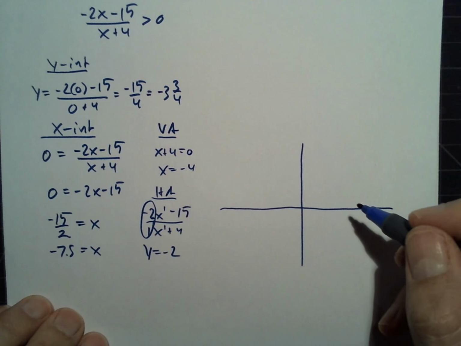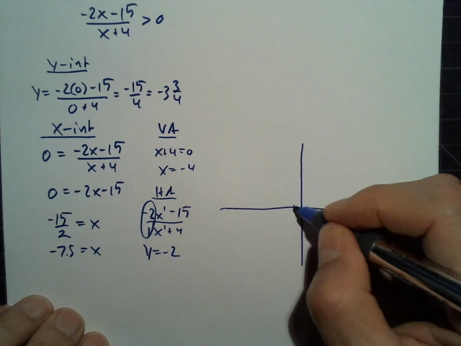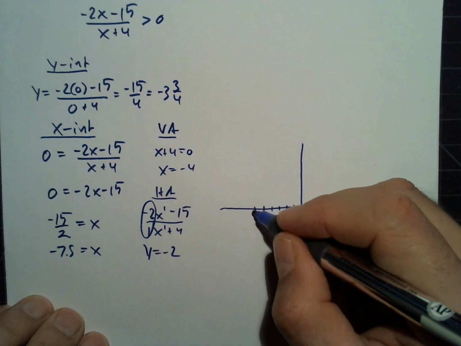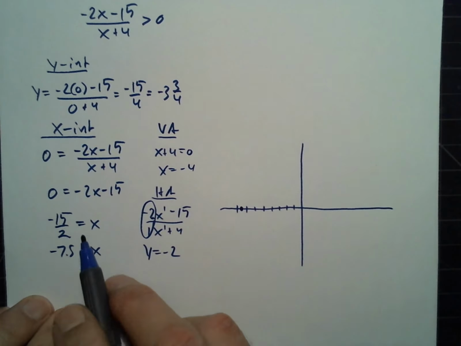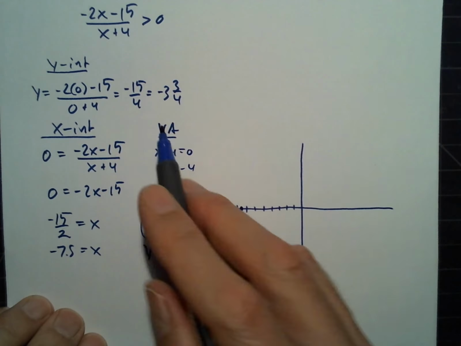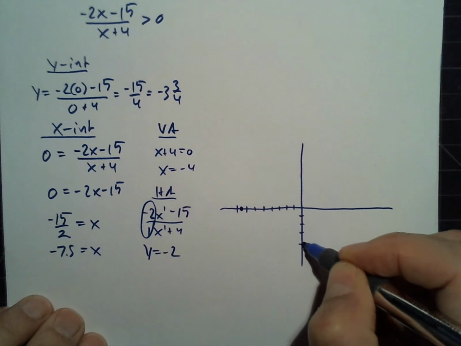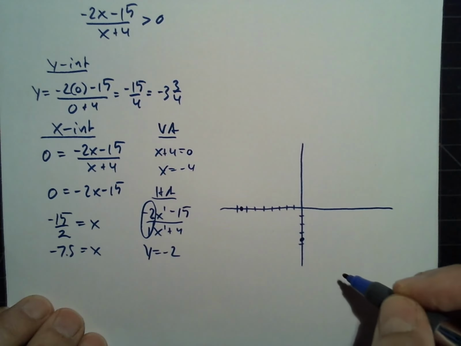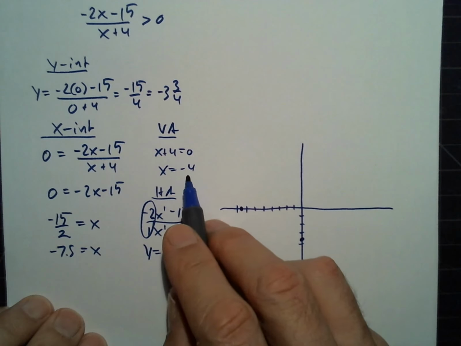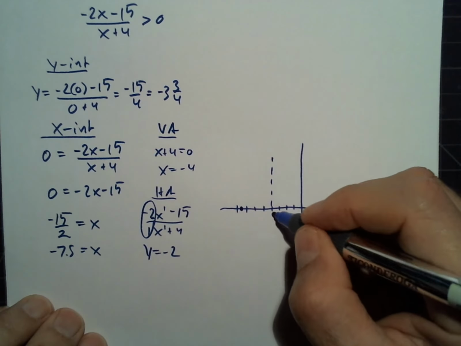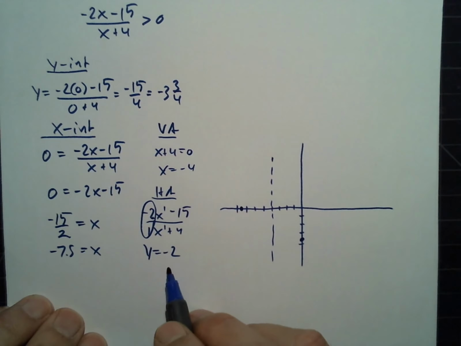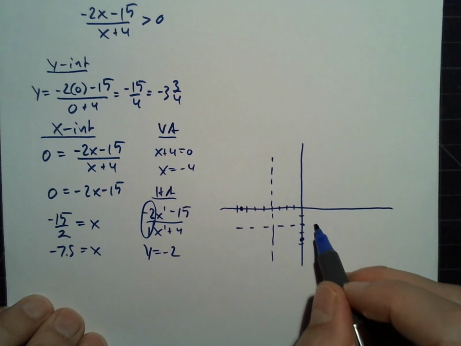So we have to go to negative 7.5, and that's the x-intercept. We need to go to negative 3 3/4. There's the y-intercept. Vertical asymptote is at negative 4. Horizontal asymptote is at negative 2.